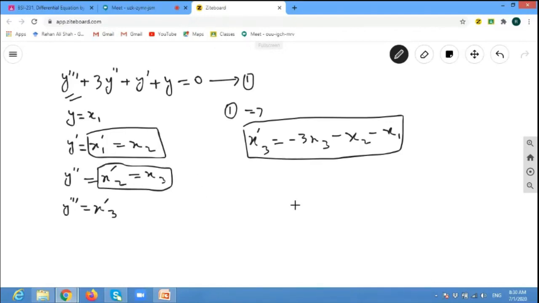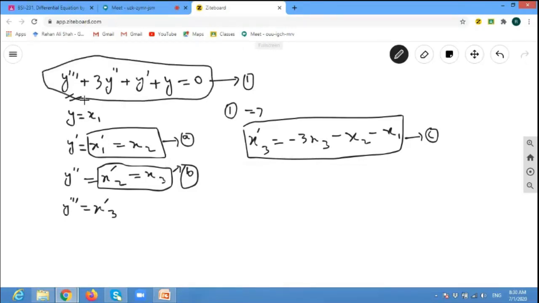Suppose this is equation A, this is equation B, and this one is equation C. The combination of these three equations is known as a system of first order differential equations. So the question is how to convert a higher order differential equation, this one, into a system of differential equations.